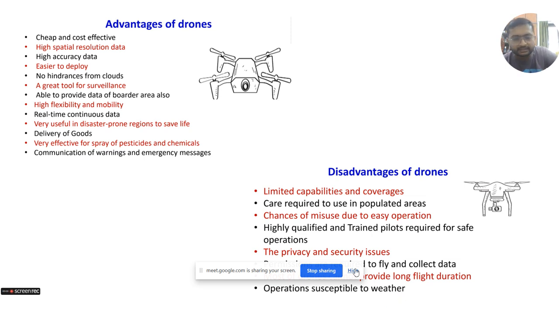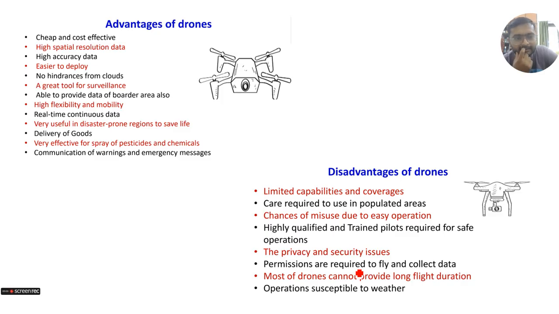So you can see here that the main advantages of drones are that it's cheap and cost effective compared to airborne helicopters and satellites. Then we have spatially very high resolution of data if we are working for a very small area. The drones are very good. High accuracy, easy to deploy. Then no hindrance from clouds, so if clouds are there, also we can do the survey.